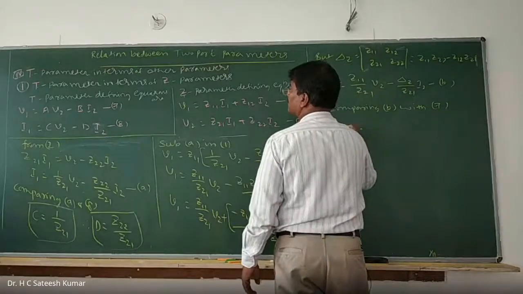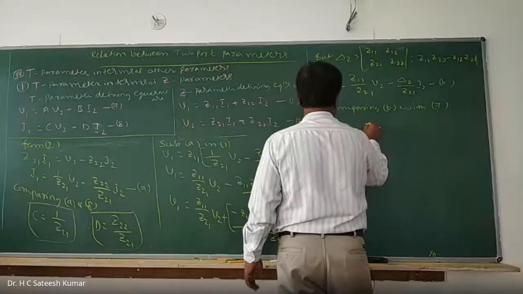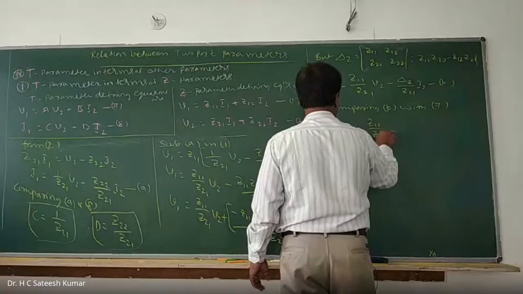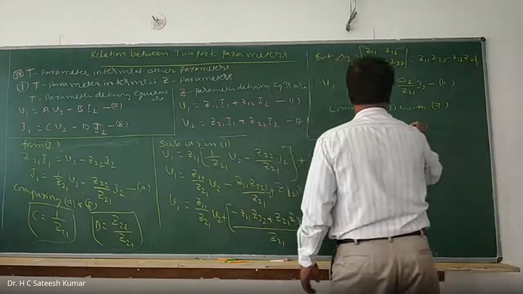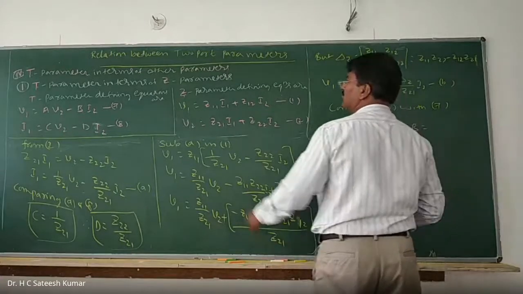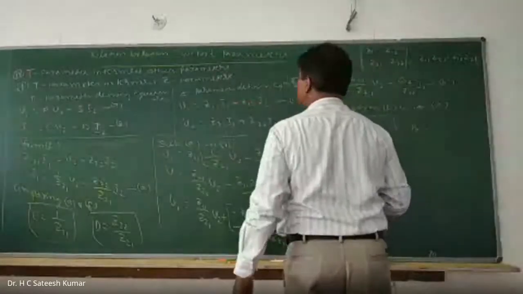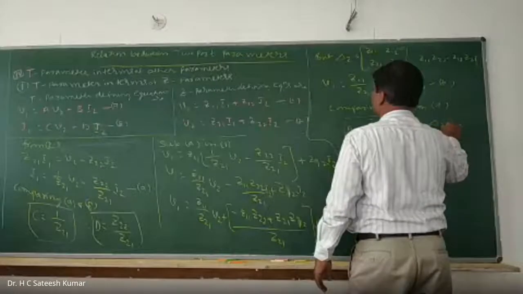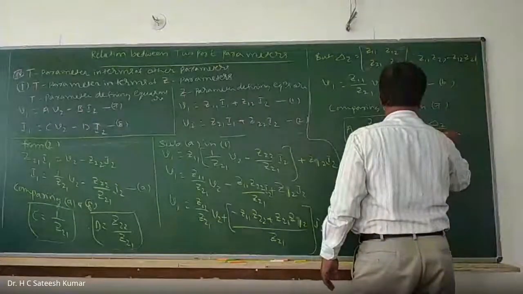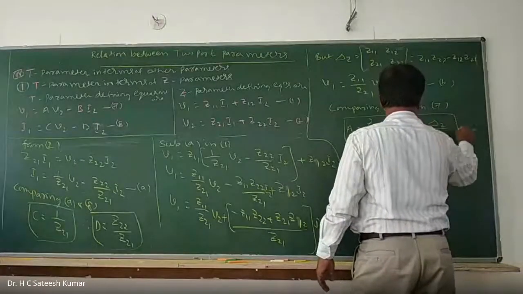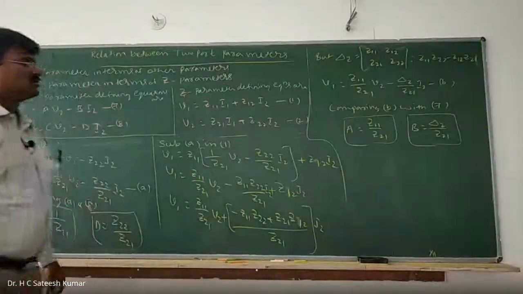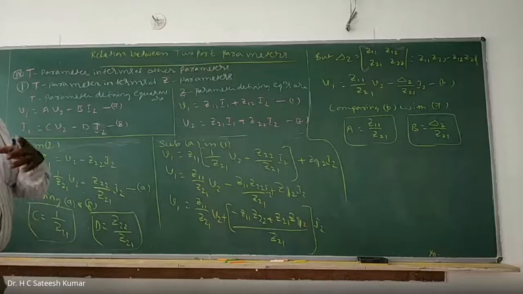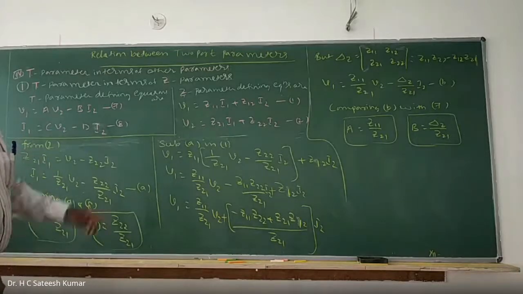Comparing B with 7, A is equal to Z11 divided by Z21, and B, in place of the minus sign we have a minus sign, so B is equal to delta Z divided by Z21. Okay, right. While doing it in the notes, check the signs once more. There may be a small mistake in the notes, but this is the correct one.